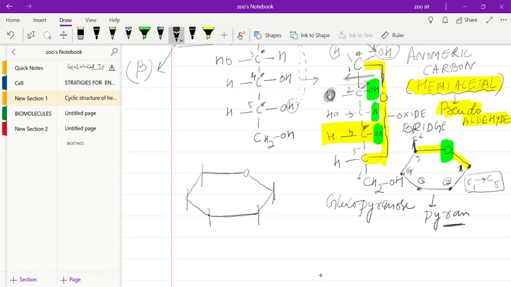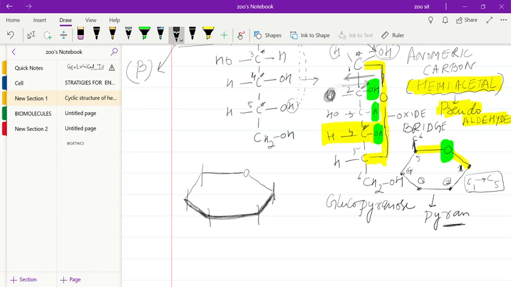So that means if we have a plane, this is the plane of our ring. Those which are present on the inner side will be drawn in the ring structure below the plane, and those which are present outside of the oxide bridge will move towards the inner side.